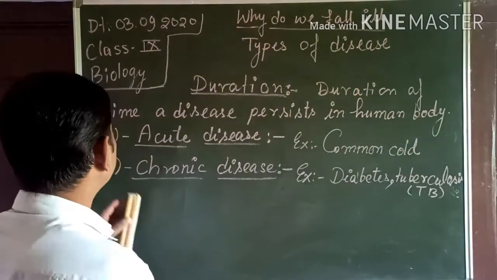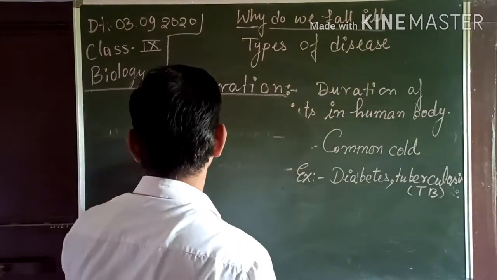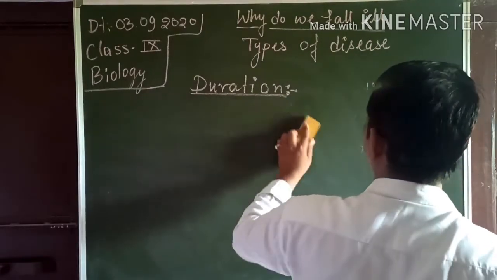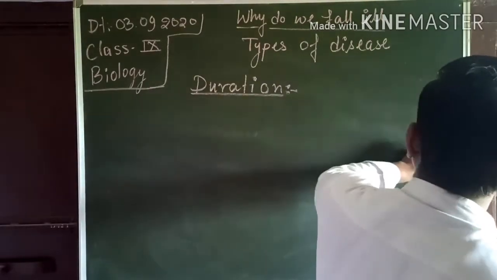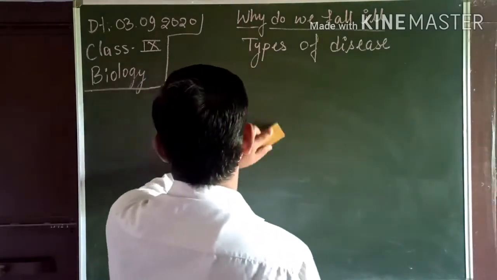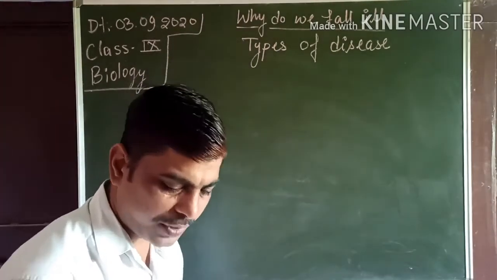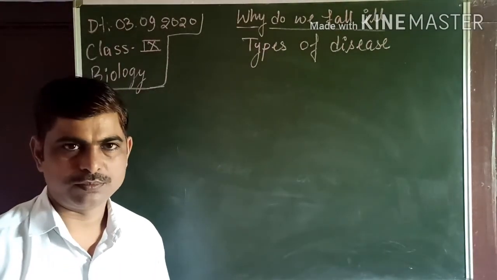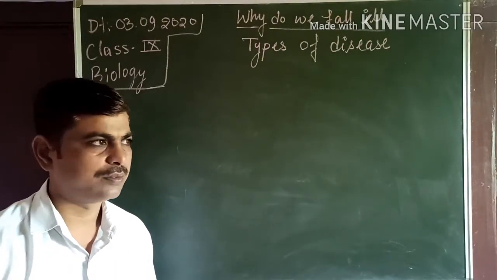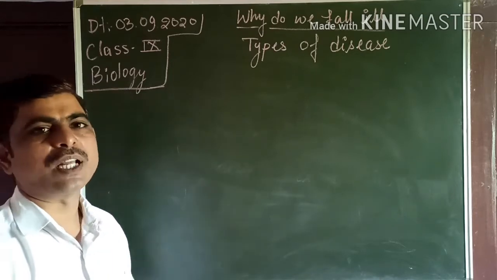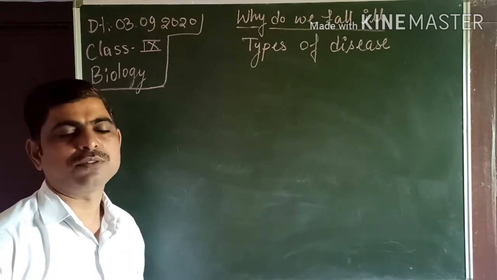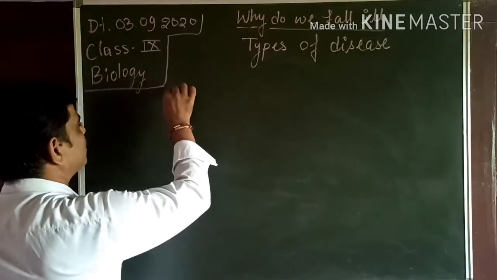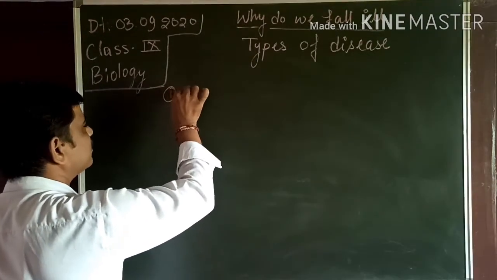now the second basis is on the basis of when they appear in the body. Okay, on the basis of the time when a person starts to suffer from the disease, there are two types of diseases.